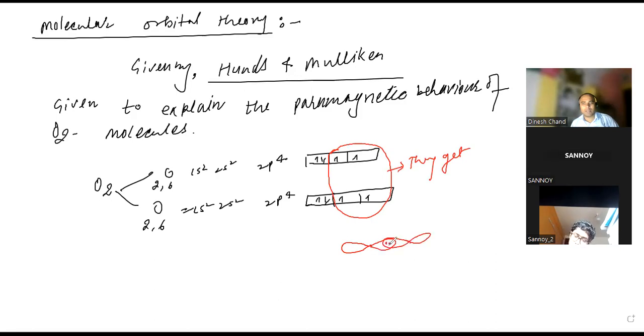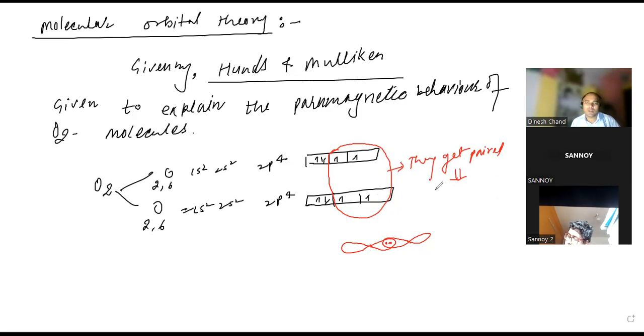There will be pairing. The electrons will pair so that the bond will form. If they do not pair, how can they form a bond? Two electrons are required for one bond. So they get paired, which means there is no unpaired electron.